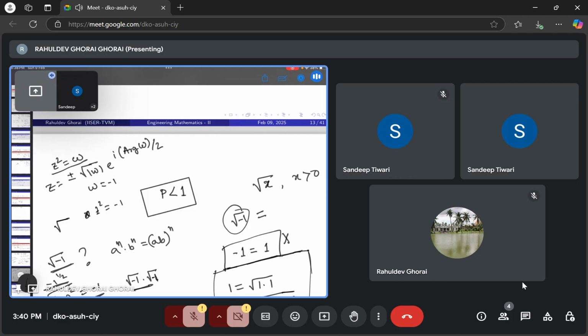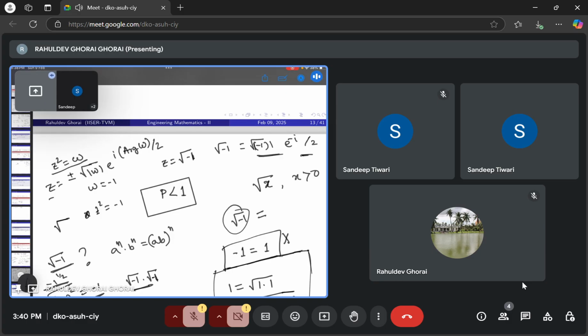When w equals minus 1, your z is nothing but the square root of minus 1, that type, right? That's the solution. So it will be nothing but square root of the modulus of minus 1 times e to the power i times the argument of w over 2, that type of thing, right?